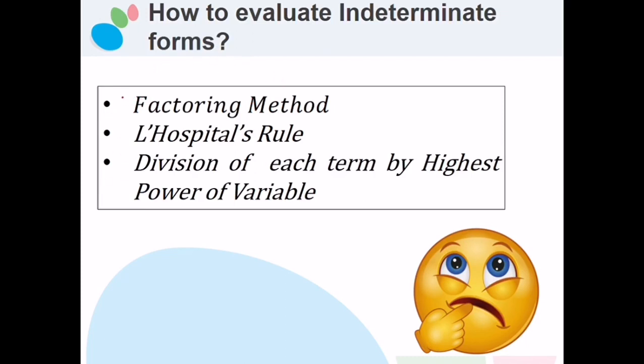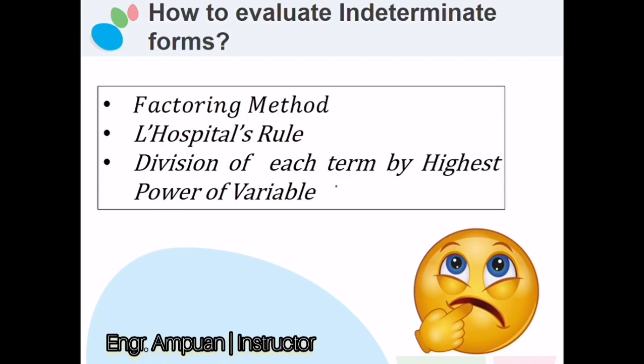You can use the factoring method. Also, you can use L'Hospital's rule. L'Hospital's rule requires the derivative of functions, so you need to learn how to differentiate functions to use this rule. The last one is division of each term by the highest power.